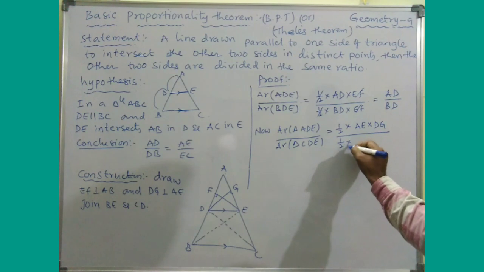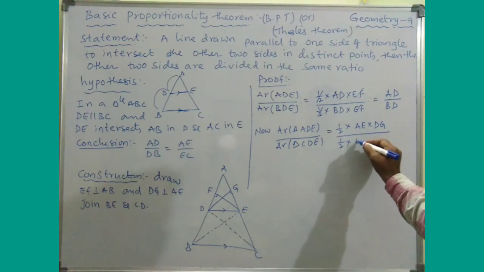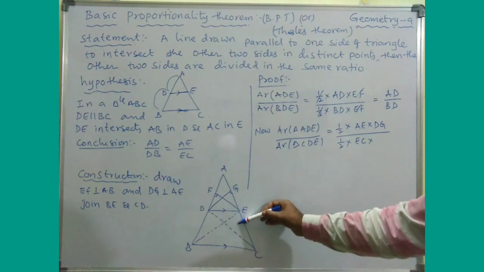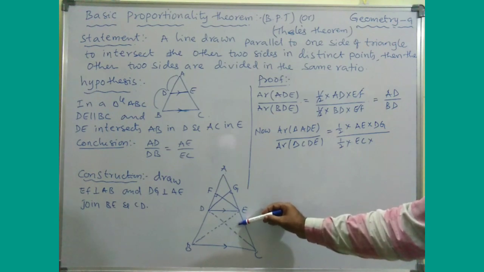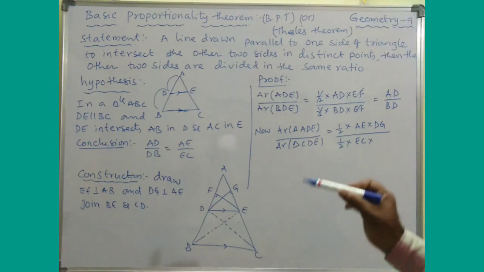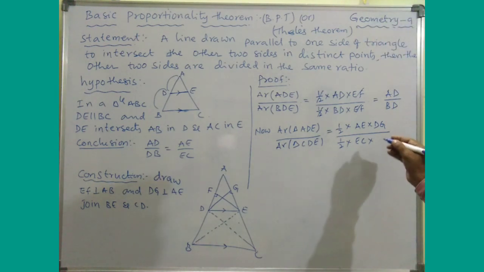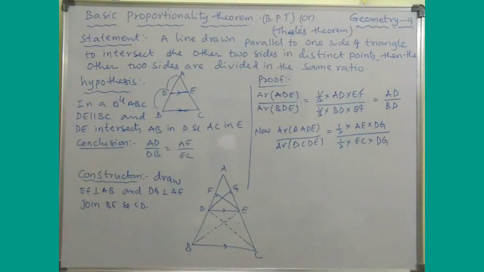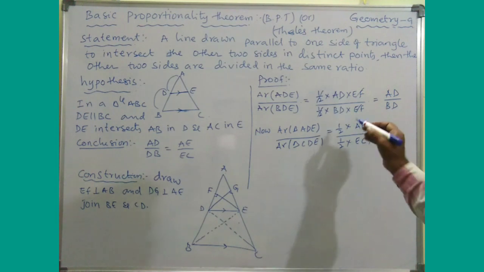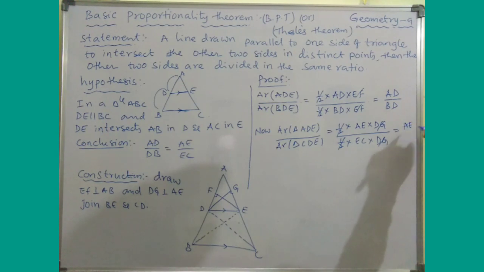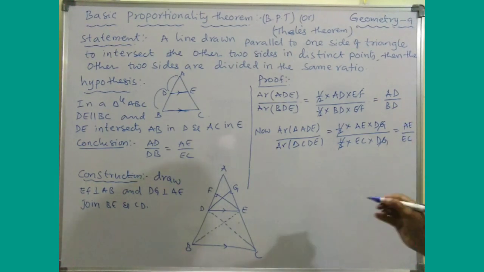And coming to here also half into base I can consider as EC and height same story. Because of again obtuse angle triangle, to want the height of this triangle, we will consider the height of another triangle which is on the same base, which is DG. Okay, so see here again these things are cancelled, hence this ratio is equals to AE by EC.